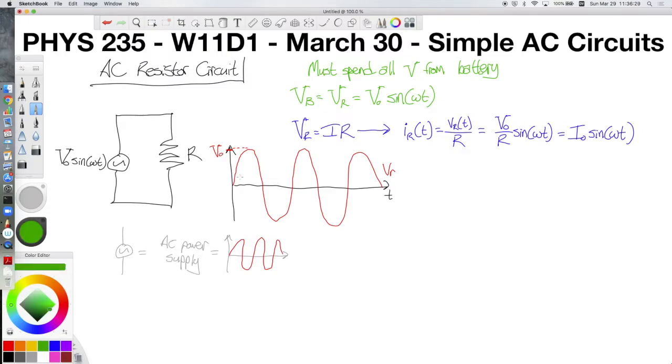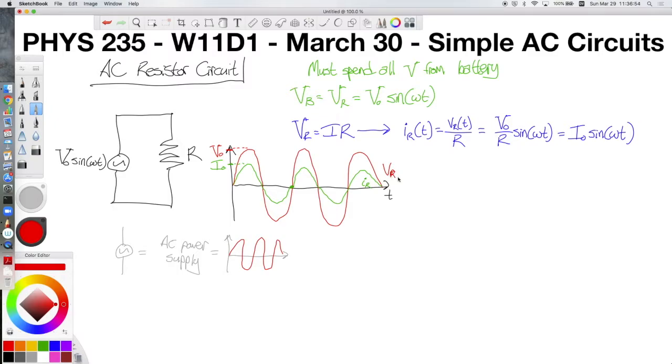And then the current will follow a similar pattern. Current is also a sine function. So we have V0 and I0 as our maximum values, and the current through the resistor and the voltage across the resistor as these two graphs here.